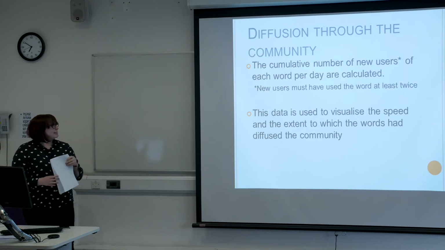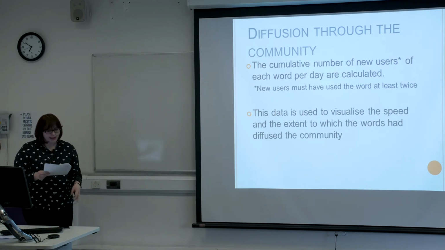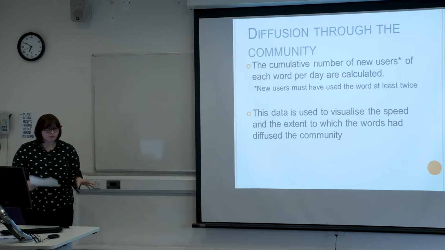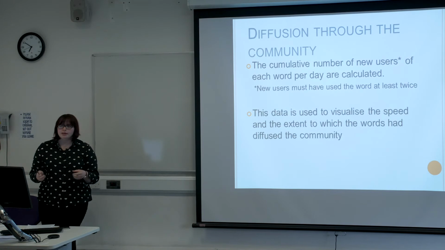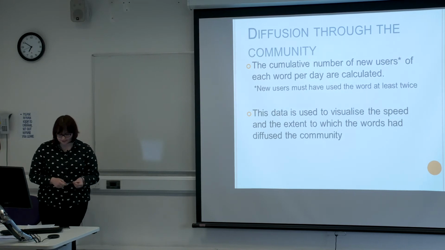I then used data such as the example on the previous slide to produce graphs which allowed me to visualise both the speed and the extent to which these new words were diffusing into the vocabulary of community members.